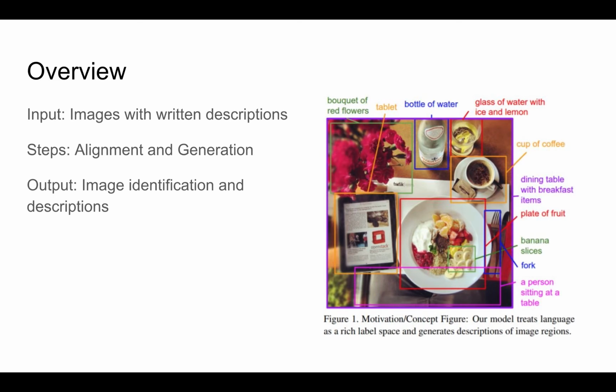So we'll have a picture like this, and it'll say there's a tablet of the newspaper next to a plate of fruit and yogurt with flowers on the table. From that, we create a model that can identify images and also give them a brief description, based on the description of the entire image.